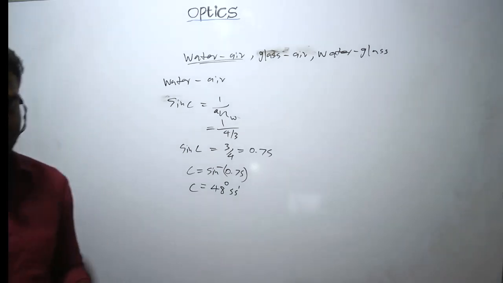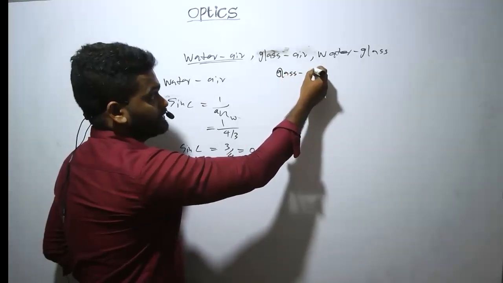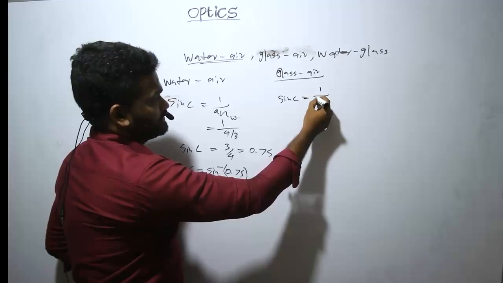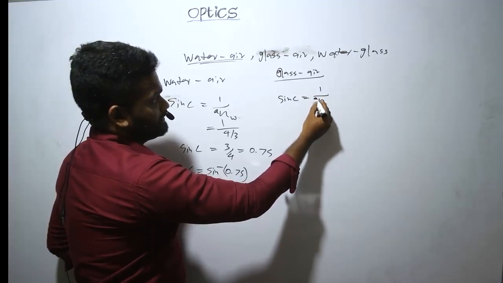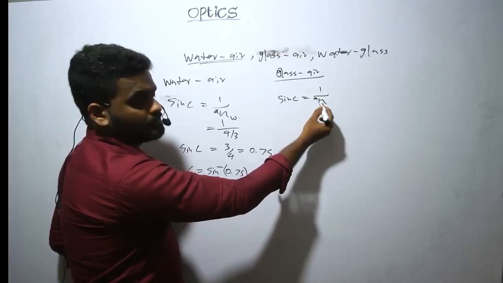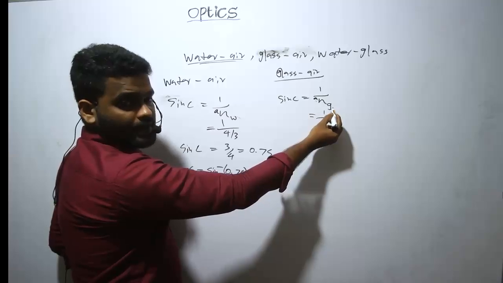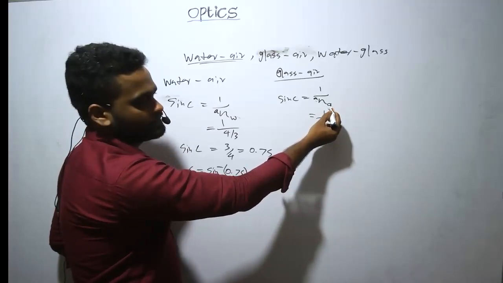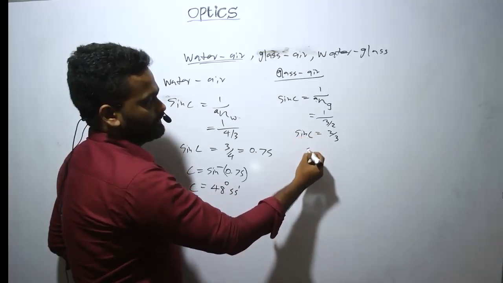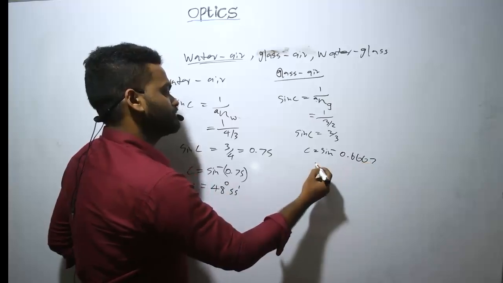Take it down. Then glass, air. Sine C equals 1 over n. Here the rare medium is air and the denser medium is glass. This also is the absolute refractive index, 3 over 2. So 2 over 3. Sine inverse of 2 over 3 means 0.666 something.